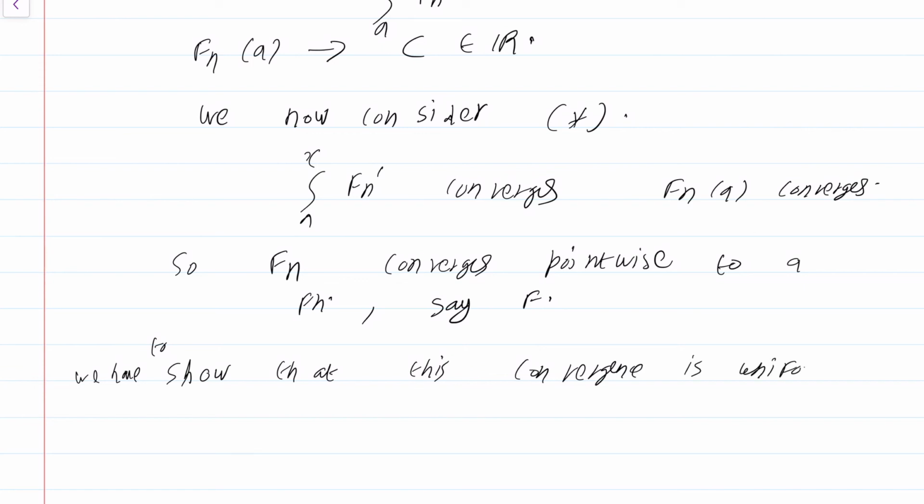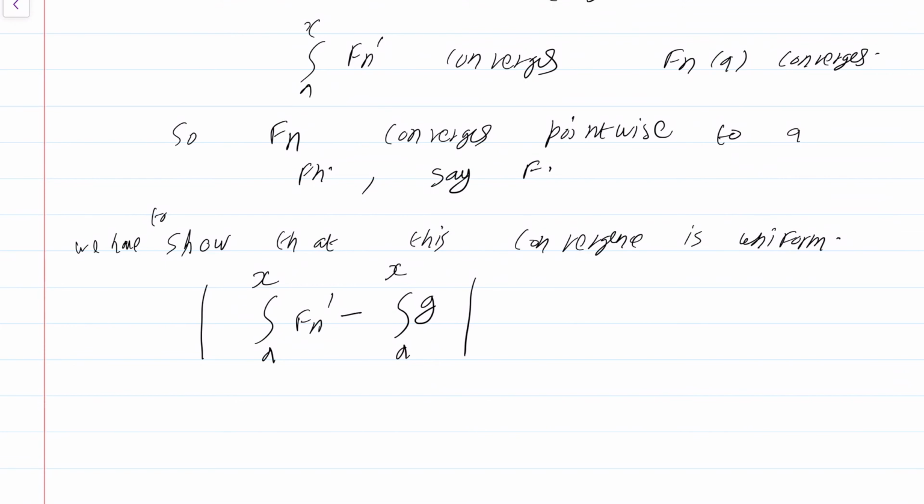Well, to do that, we consider the integral from a to x of f_n' minus the integral from a to x of g. Recall g was the function that the sequence of derivatives converges to. Now, we are going to write this as the modulus of the integral from a to x of (f_n' minus g).